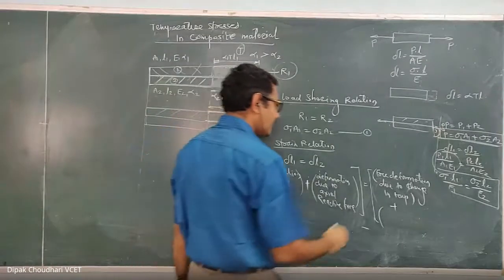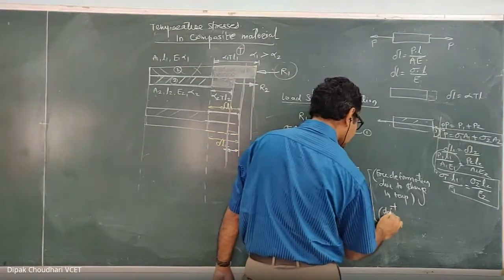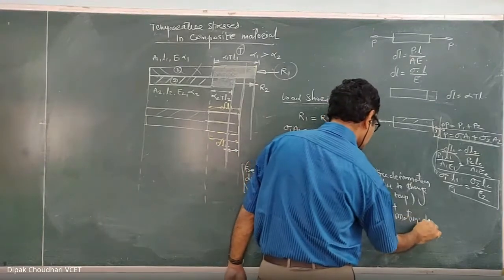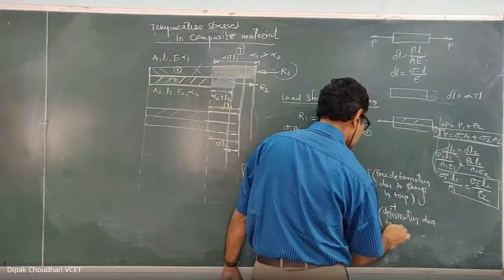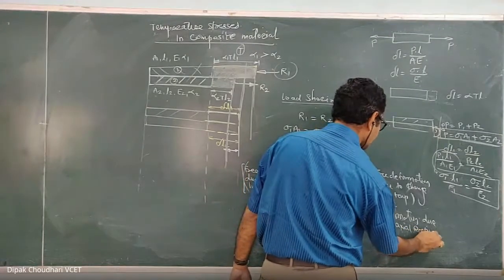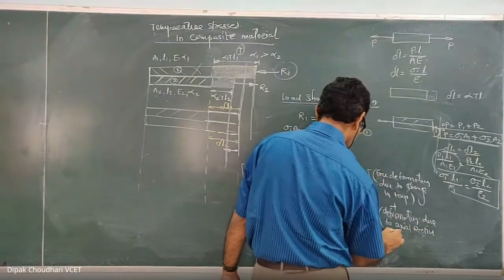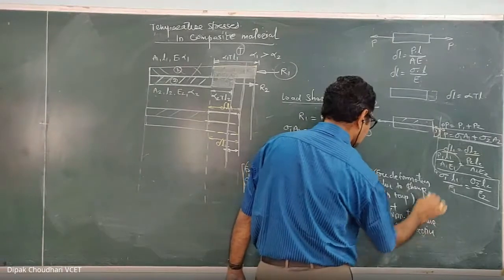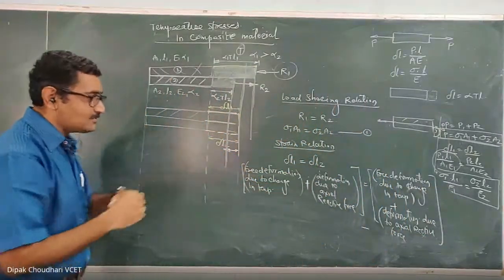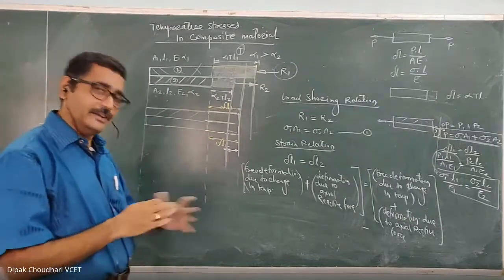So the second part is the deformation due to axial reactive force. I wrote the same term, axial reactive force, but while doing the calculation it is a little bit different.